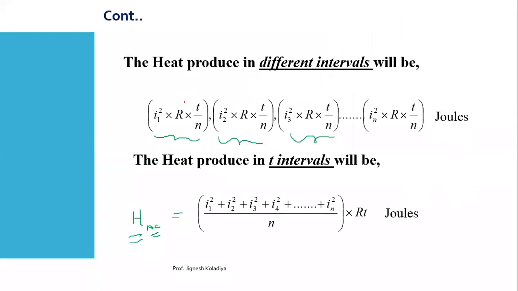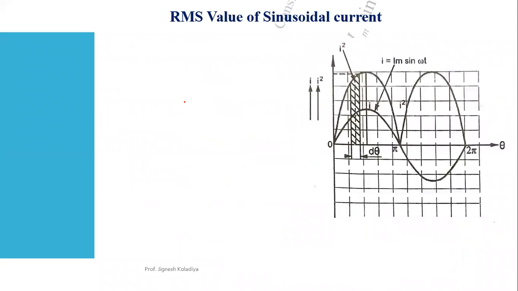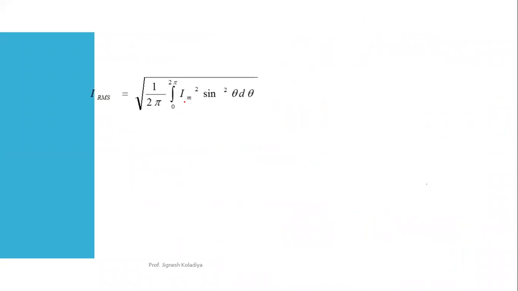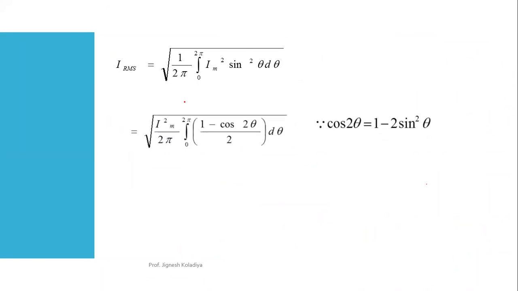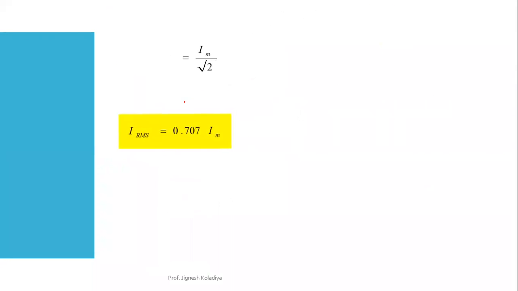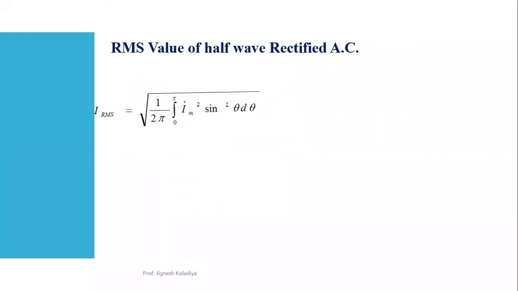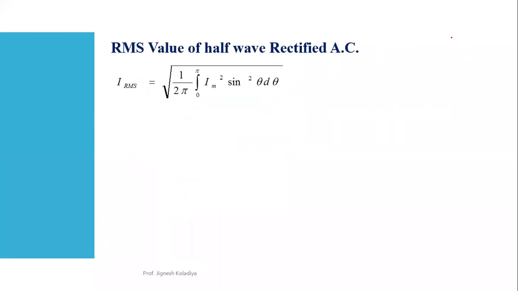We have completed both these methods. Also we have found the RMS value of sinusoidal current. Next time we will see the RMS value of half wave rectified AC, and then we will start the average value. Okay. Yes, it is Im by 2.